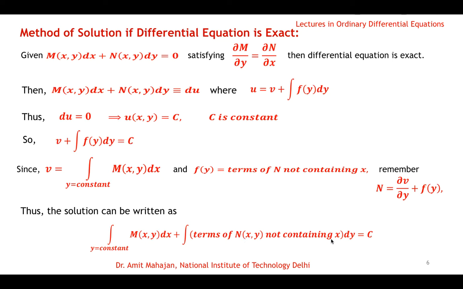Okay, so we can integrate those terms with y, it is very simple, and equal to constant. So if you are given a differential equation, first you check whether this condition is satisfied or not. If it is satisfied, you can directly write the solution as integral of m treating y as constant, plus integration of only those terms of n which do not contain x, integration with dy, equal to constant.